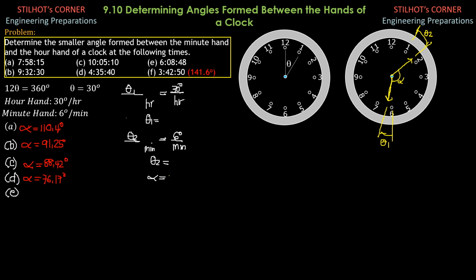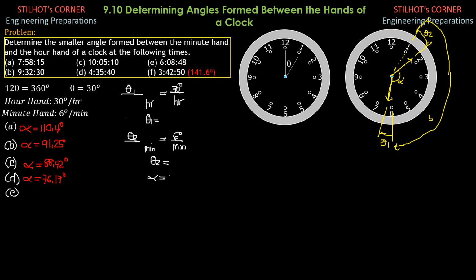So from the figure, if that is theta 2, from this position 1 to 6, that's 5 equal graduations, 1, 2, 3, 4, 5.